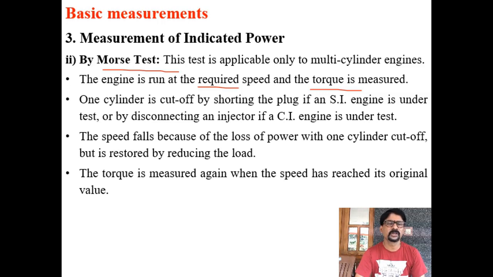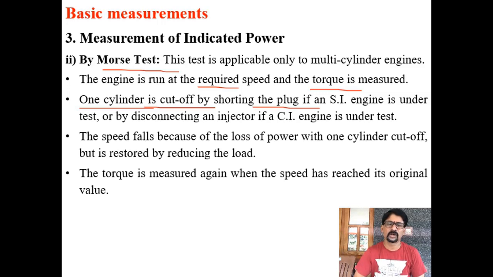Now what you have to do is cut off one of the cylinders. If it is a spark ignition engine, you have to short the spark plug, so that there is no combustion taking place in one of the cylinders. That is called cylinder cut off.